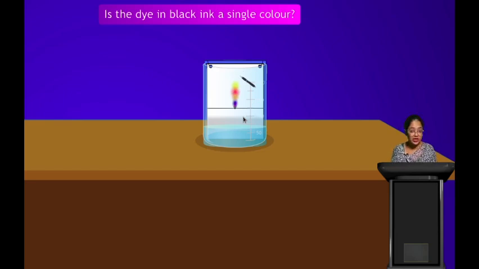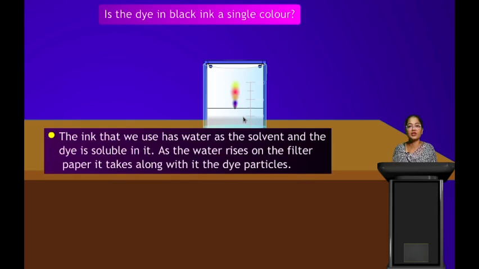Did you know that in just this black ink we have so many different dye components? We cannot notice that in normal conditions, right? The ink that we use has water as the solvent, and the dye is soluble in it. So the ink that we use in normal day-to-day life has water, and the dye is dissolved in it.